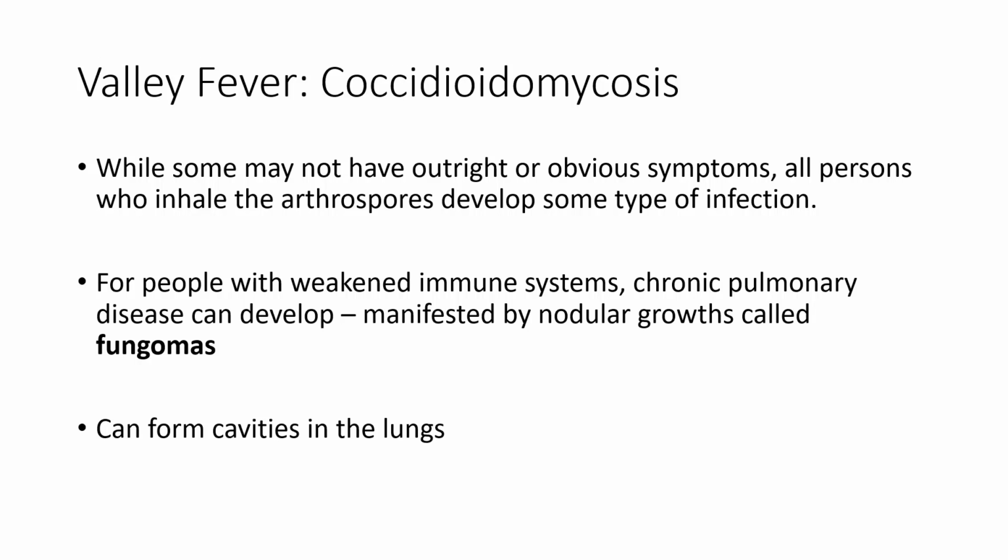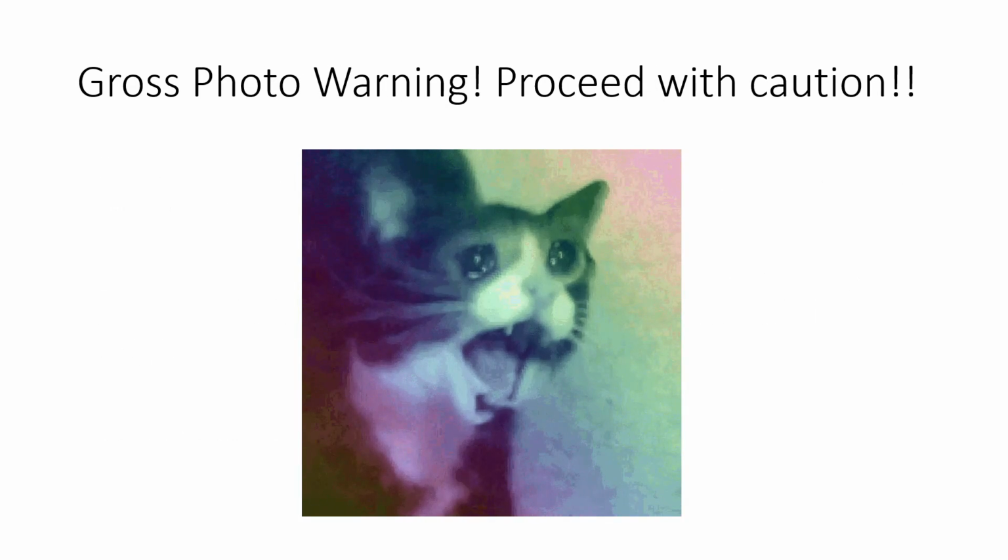This is basically a chronic inflammatory lung disease, and it obstructs airflow from the lungs. Once you have this, it's really hard to breathe, and you can tell it's there by these nodule growths, which we call fungal masses, and they can form cavities in the lungs.